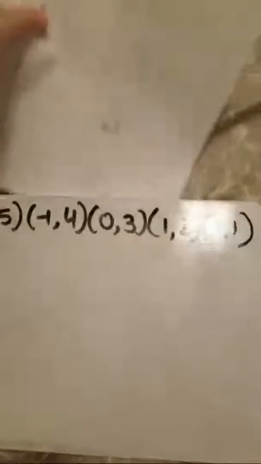Okay. So, if we're given a set of data, let's say we have -2, 5; -1, 4; 0, 3; 1, 2; and 2, 1. These are our values to start with.